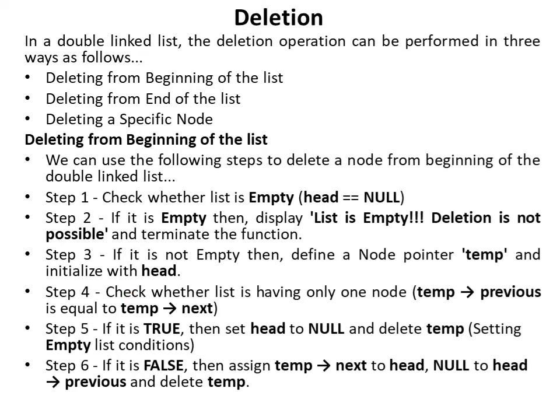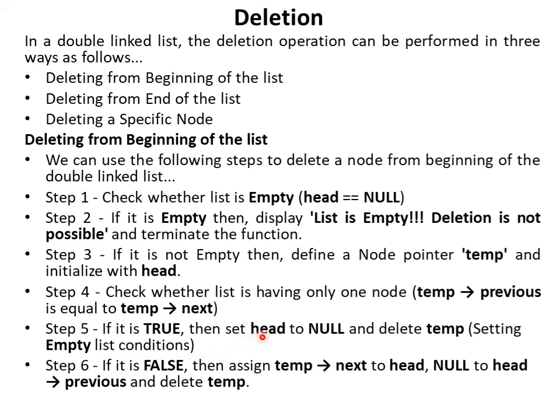Next step: if it is not empty, then define a node pointer temp and initialize it with head. We take temp because we cannot move head from one node to another. What happens if you move it? We cannot keep track of where the list starts. For that reason, I am taking another variable and naming it temp. Then check whether the list has only one node: temp of previous equals temp of next.